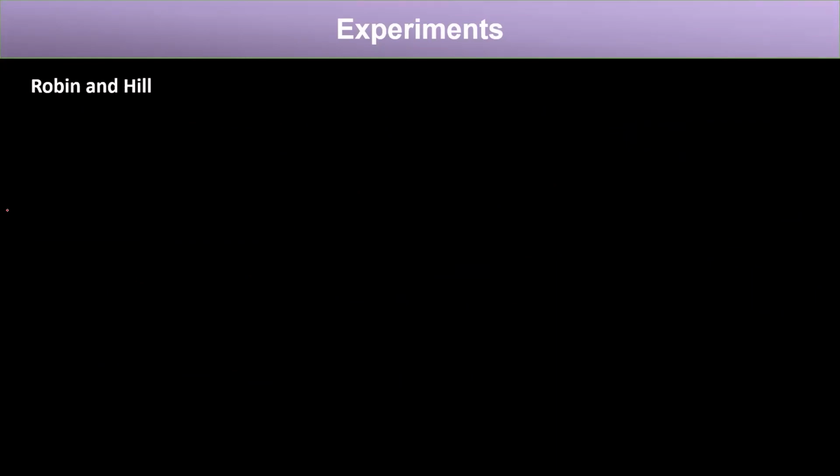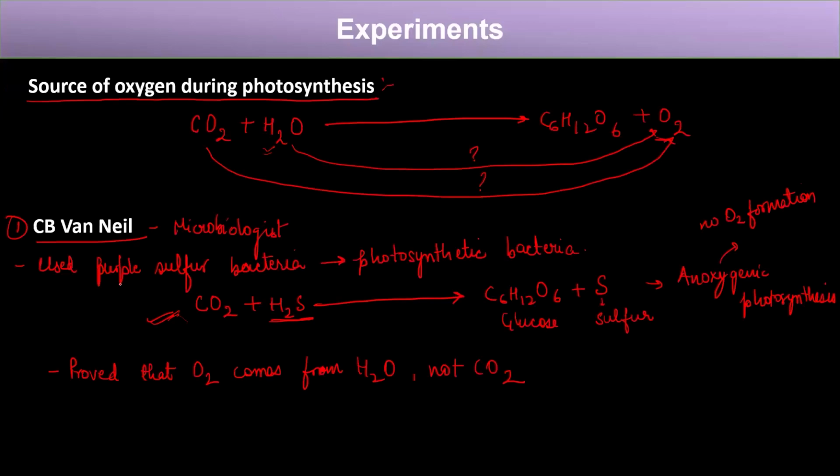Now, the second experiment was performed by other scientists, Robin and Hill. Because the previous experiment was proven in bacteria, this another experiment was performed by Robin and Hill, and they worked on angiosperms. Angiosperms are higher plants, right? These scientists used a plant named Stellaria media.